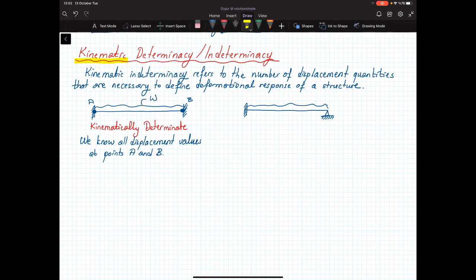So that's why that structure is a kinematically determinate structure.